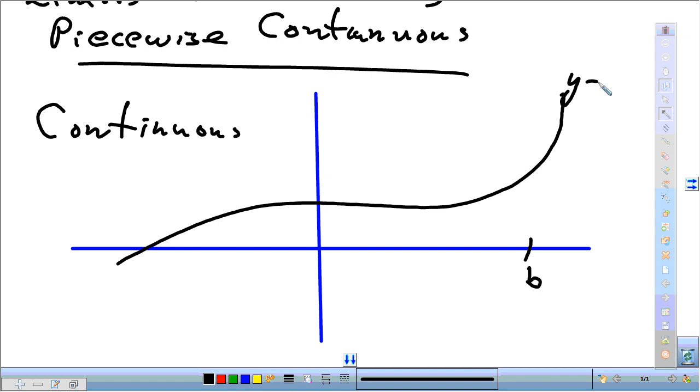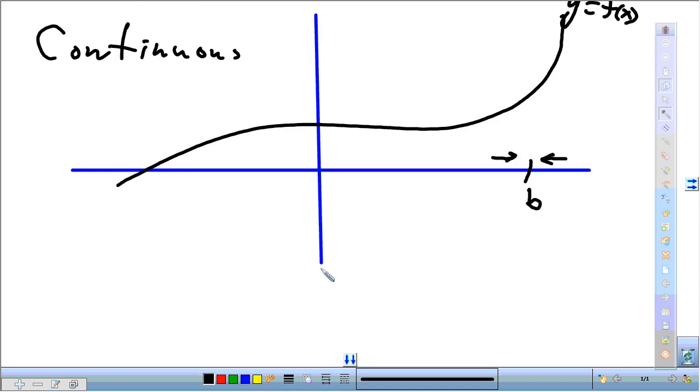If we take a function y equal f of x, and we want to take the limit as x approaches some value b of f of x. So we looked at this.